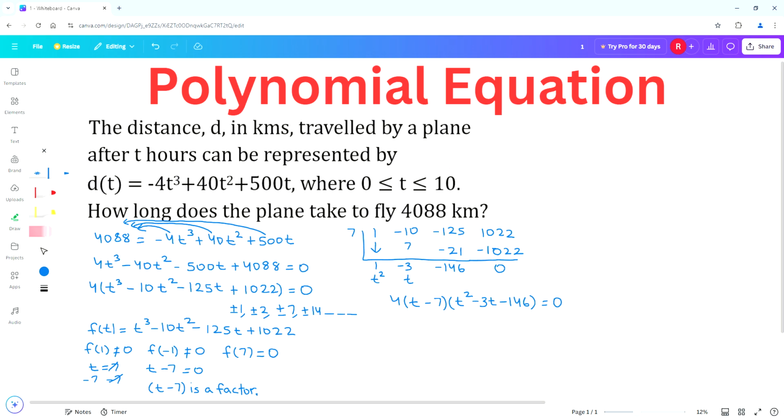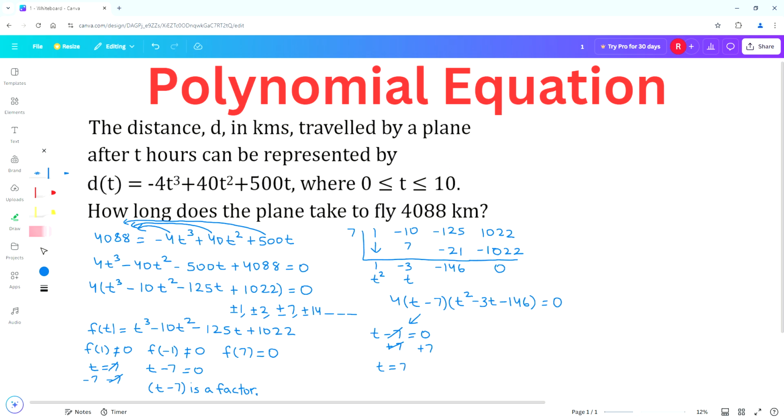We cannot factor this trinomial. So now we'll have to solve the equation by setting both factors equal to 0 and solving for t. The first solution is t equals 7.